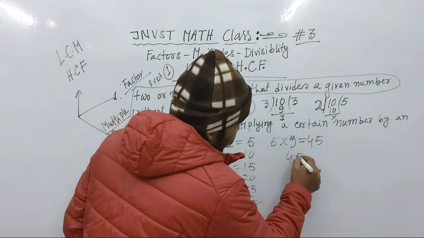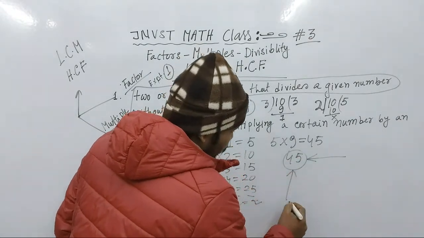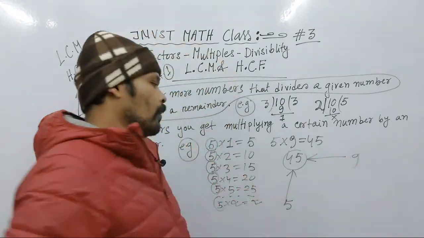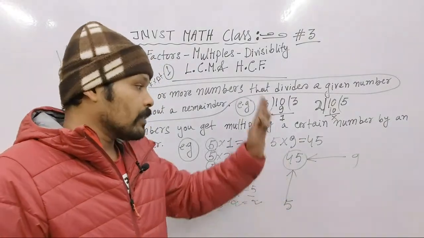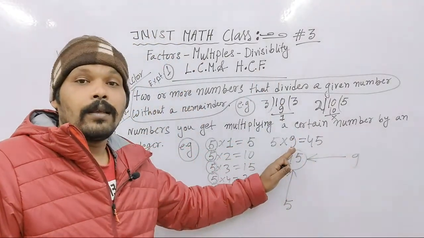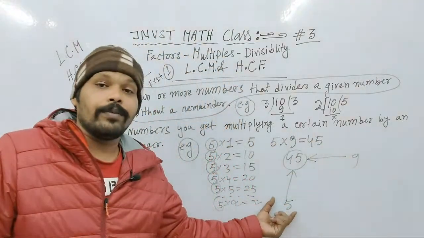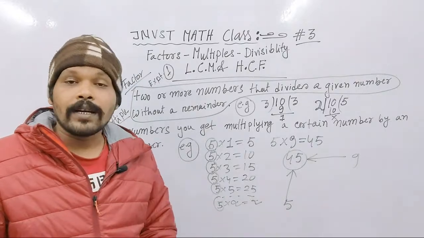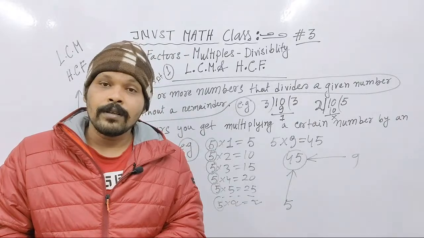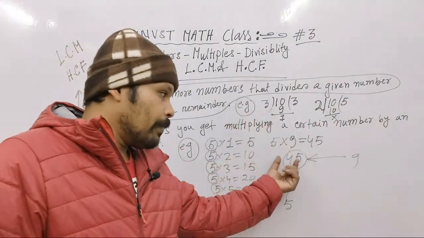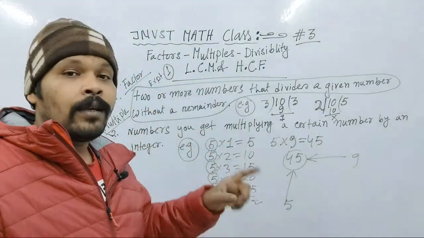Here 45 is the multiple of the two numbers 5 and 9. 45 is a multiple of 5. 45 is a multiple of 9. It is the multiple of both 9 and 5. So now what is the multiple? A multiple is the number which comes after multiplying two numbers.